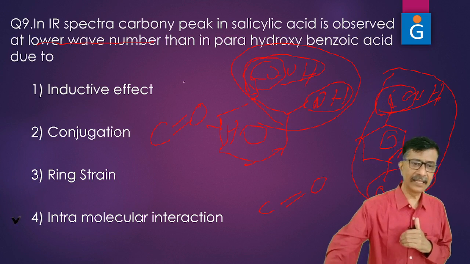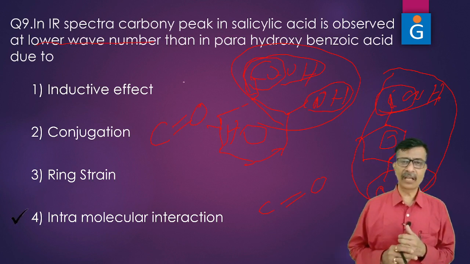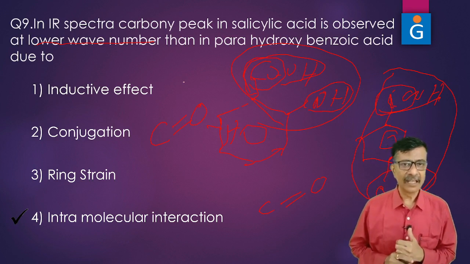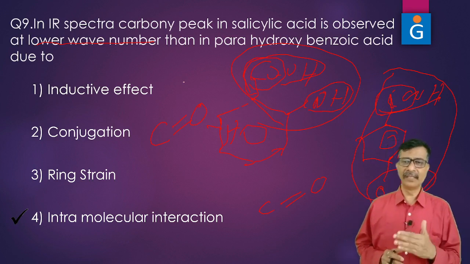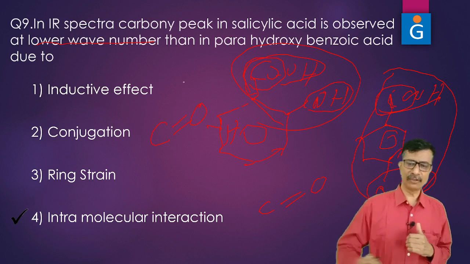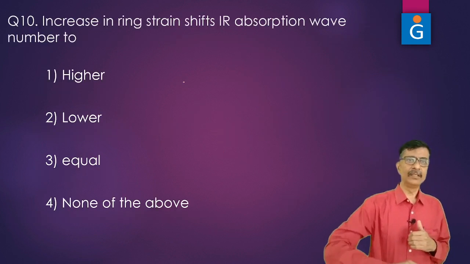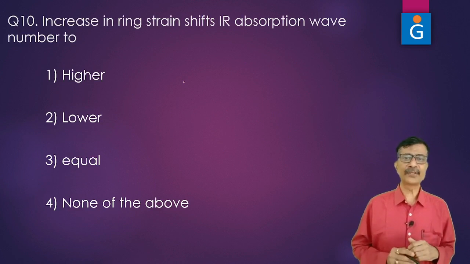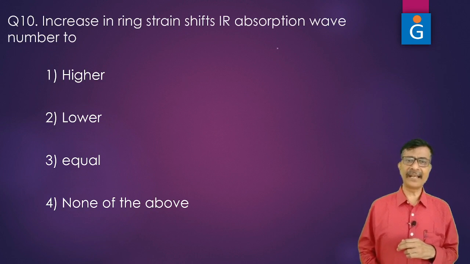So the answer here is intramolecular interaction, which takes place in salicylic acid and which is not possible in para-amino-benzoic acid. Moving to the next, increase in ring strain shifts IR absorption wave number to. What is ring strain? Look at this.